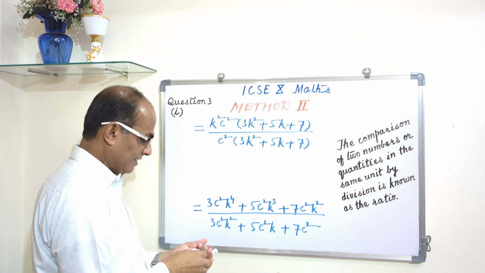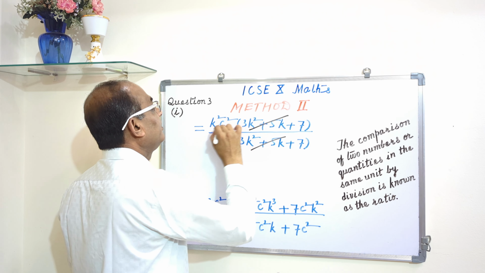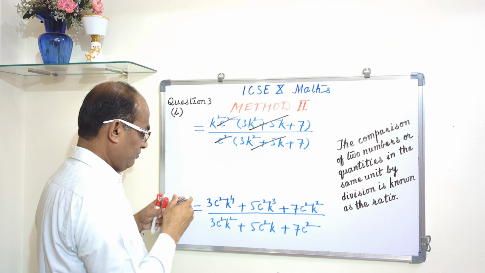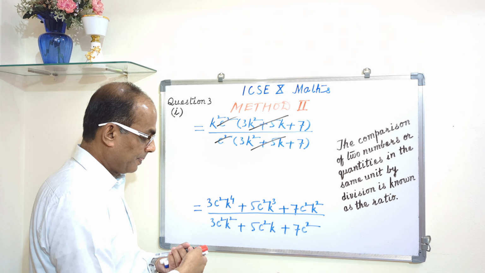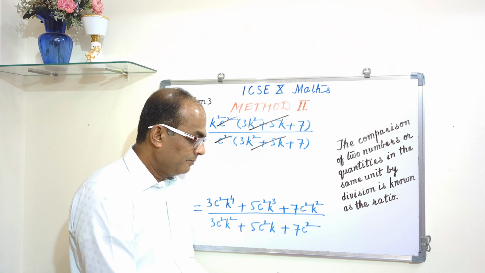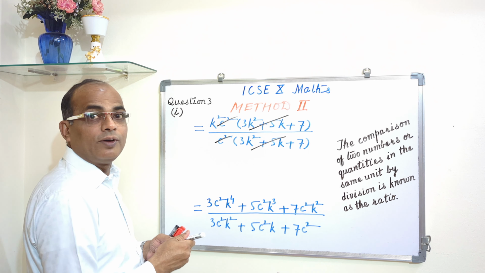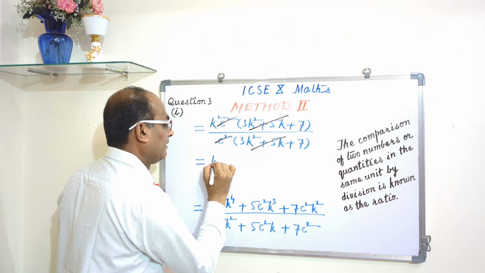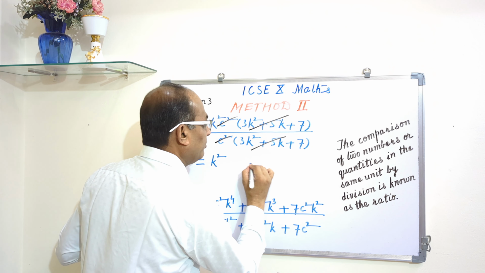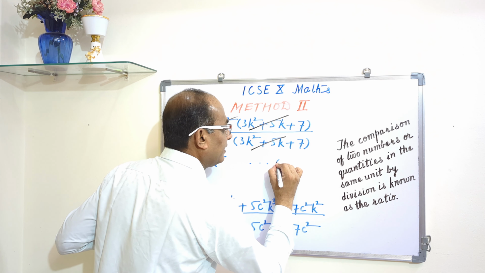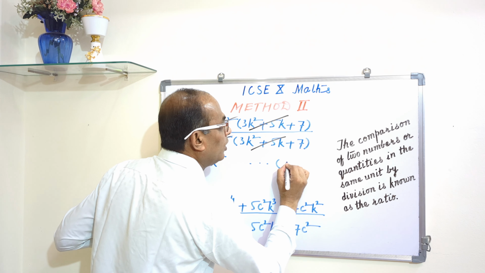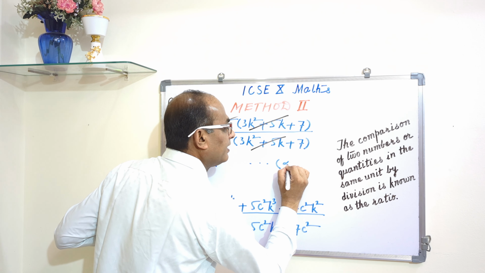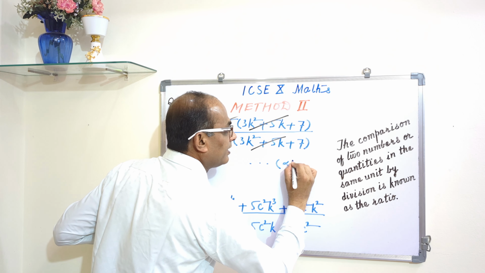Again you can cancel them. This cancels this, and even c square cancels c square. So finally we are left with k square. You can call this equation number 1, or equation number 2, or equation number alpha. Suppose equation number alpha.